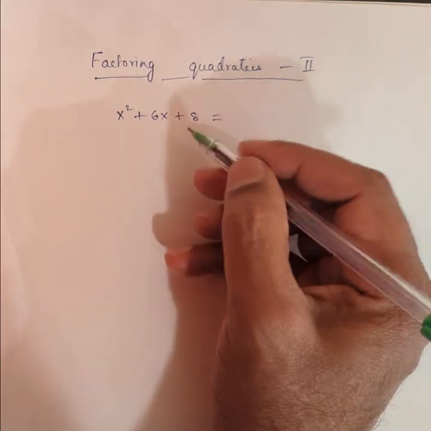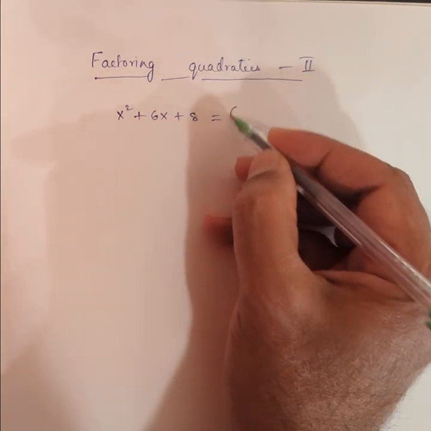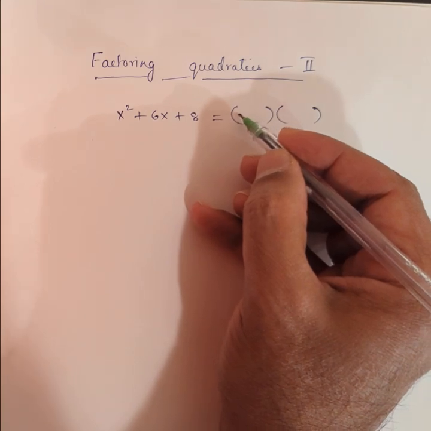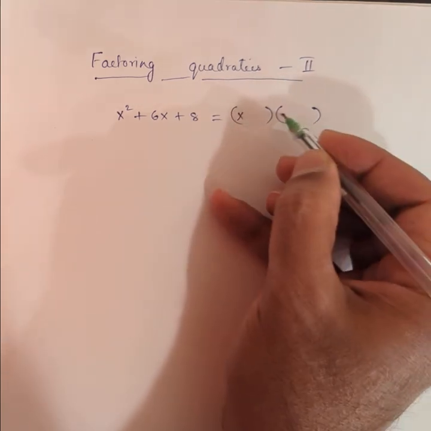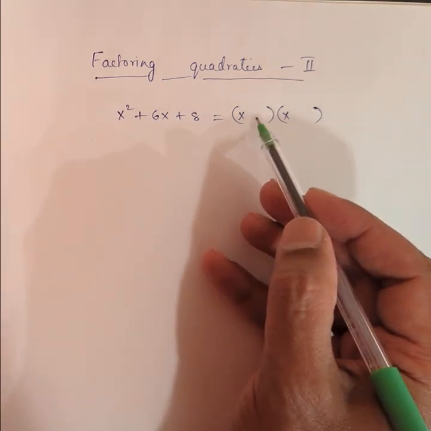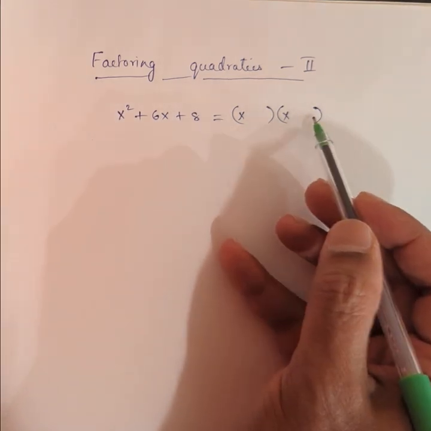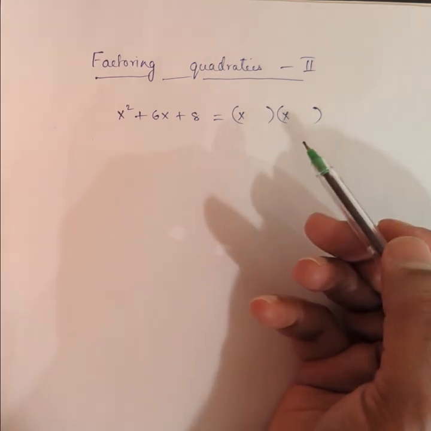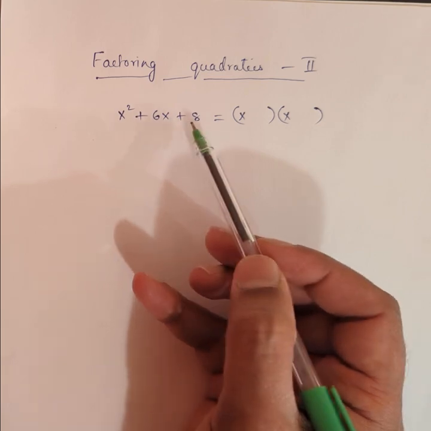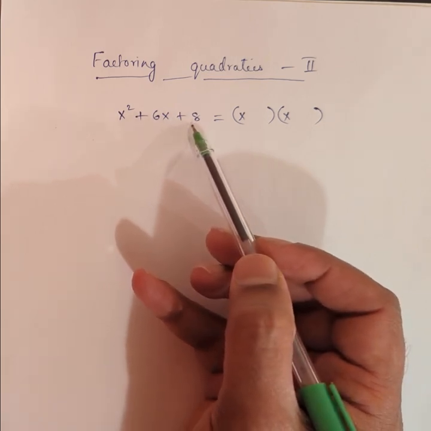In that case, we said it could be factored readily by writing a pair of parentheses and filling the first part of the parentheses with the variable x. And now we need some numbers in the first set and also in the second set of parentheses. And how do we get those numbers? Those numbers add up to 6 and multiply to give you 8.